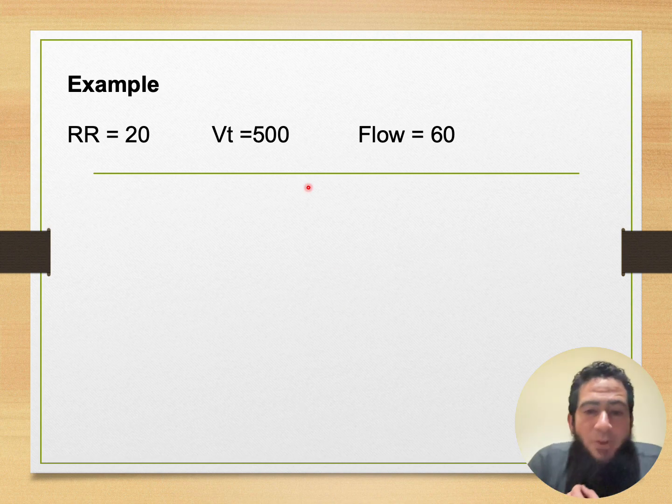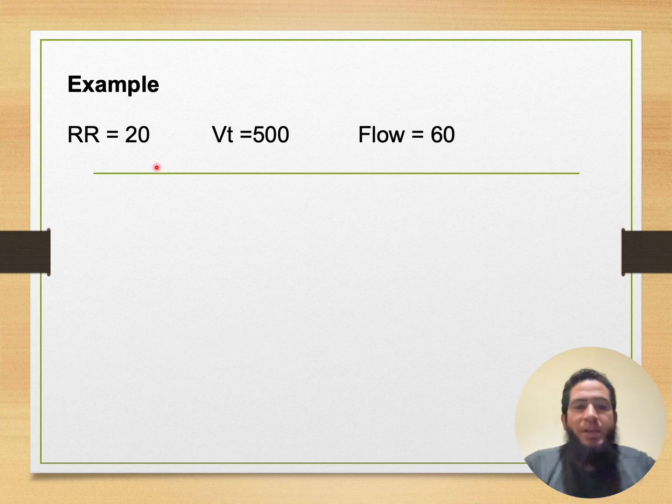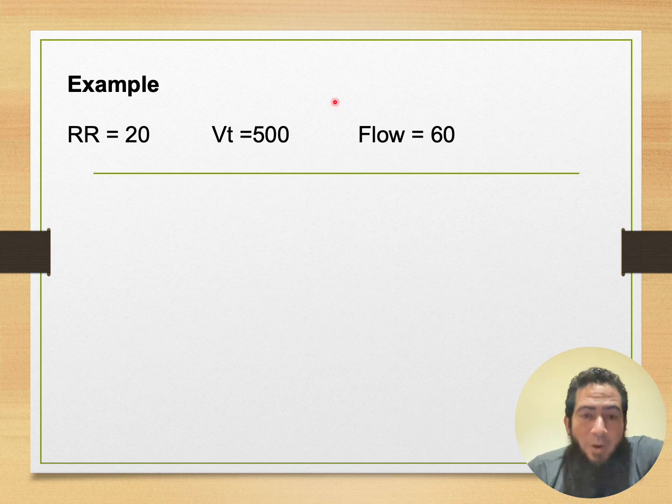So if you have, for example, the same patient and you put him on still 20 breaths per minute, which means that the cycle will be exactly 3 seconds. And the tidal volume is still 500 mL, which is half a liter, and the flow velocity is 60 liters per minute.